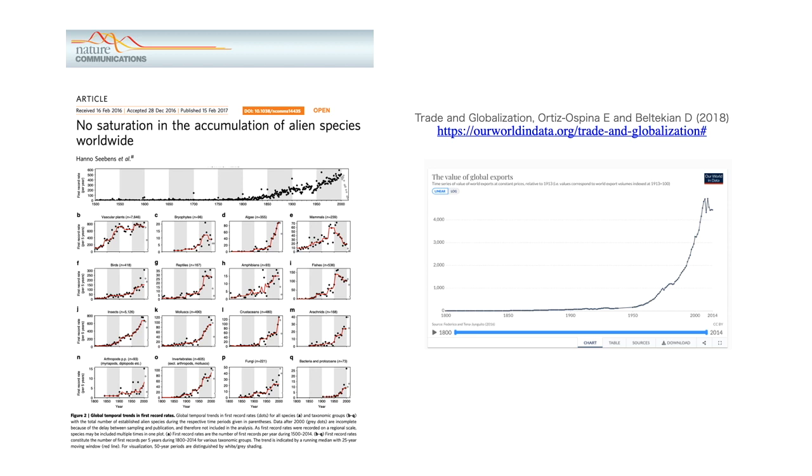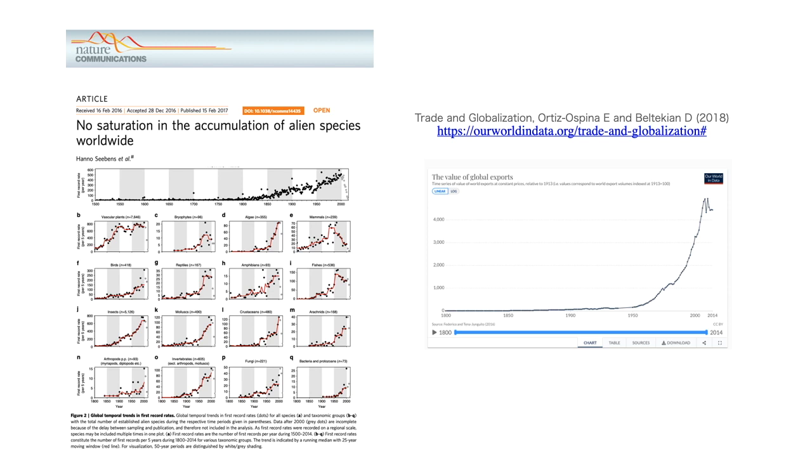And another important message from here is that when you look at the evidence in different groups of organisms, algae and vertebrate species, as well as mollusks, and some insects, suddenly increased their introductions in the 1950s.